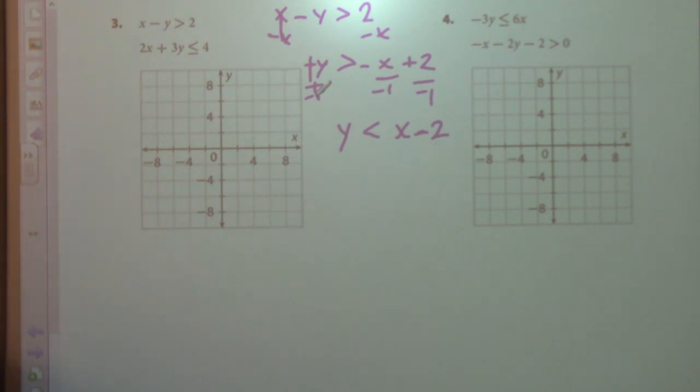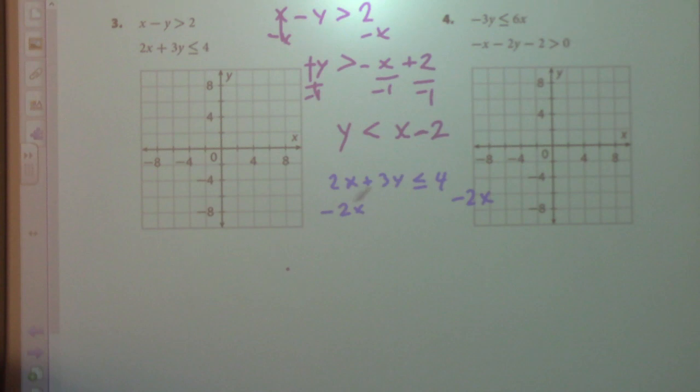Okay, very good. All right, so this second one, Logan, we have is 2x plus 3y is less than or equal to 4. So what do we do with that one? Aren't you going to subtract off the 2x? Yeah, subtract 2x, everybody agree with that?